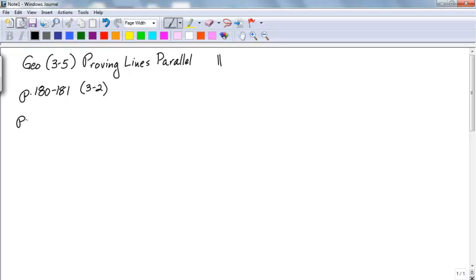So if you look now on page 207, look at postulate 3.4. It's called the converse of the corresponding angles postulate.